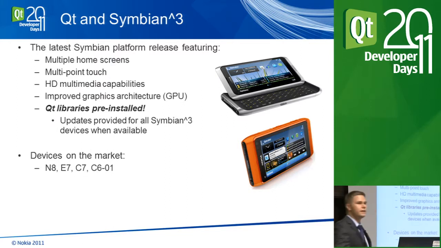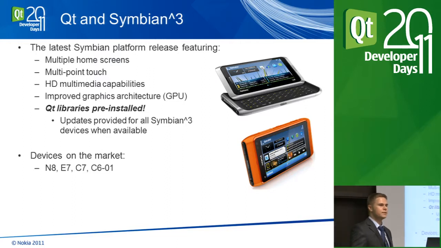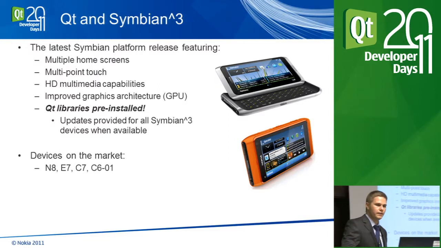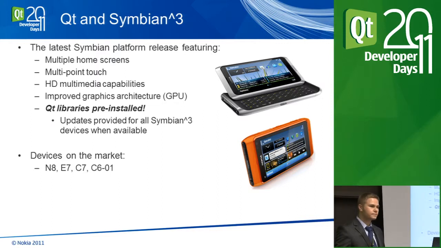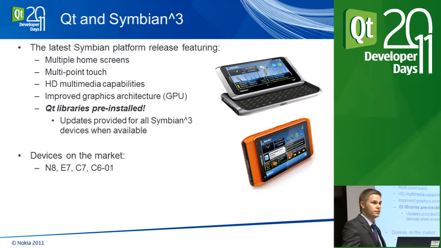The idea is that all these Symbian 3 upgrades will be made available for existing devices as well. There's a number of devices such as the ones that I mentioned, like 701, 700, N8, also E7, C7. I might be using for demonstration a C7 or N8, I don't know yet which one I'll be using. And others that are currently on market, and that's a large number of devices.